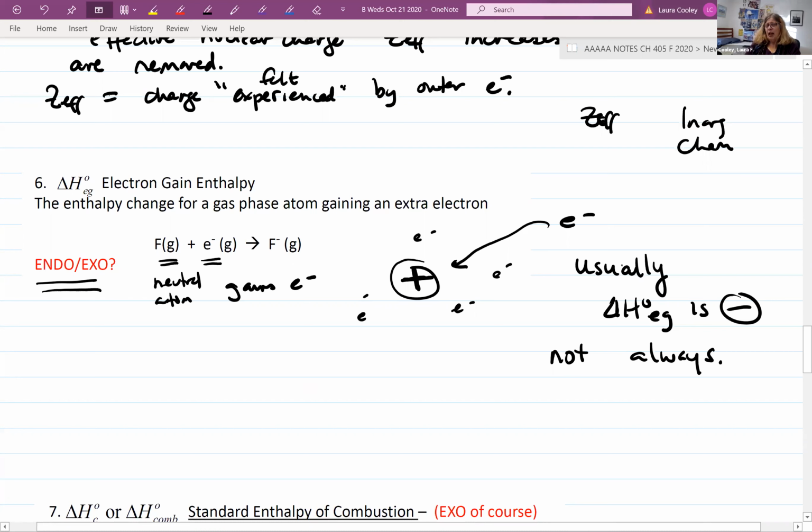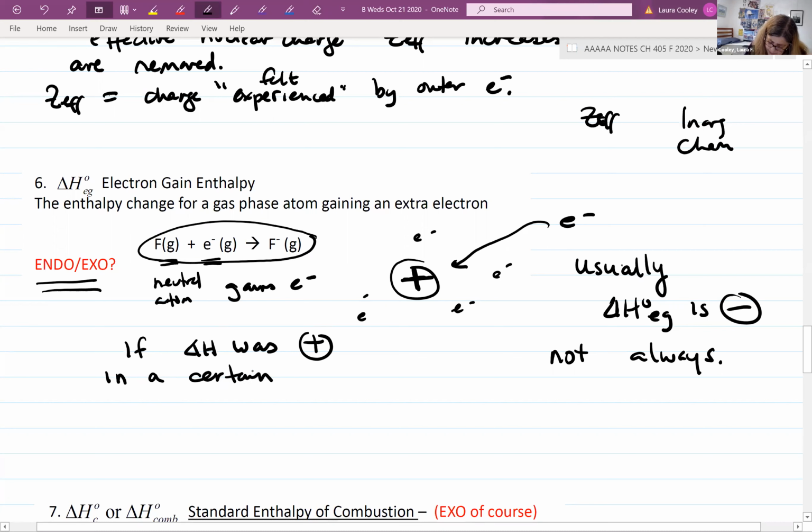They were blank because they couldn't measure them. Because as you can imagine, let's just say delta H was positive in a certain case, then delta H is positive.